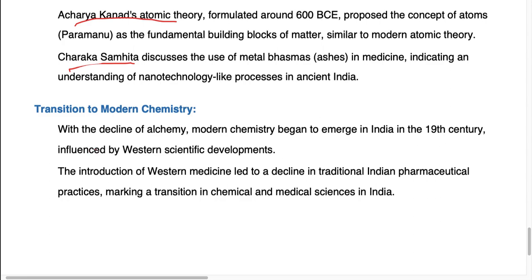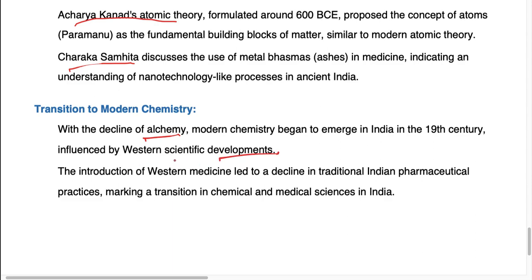The transition to modern chemistry. With the decline of alchemy, modern chemistry began to emerge in India in the 19th century, influenced by Western scientific developments.